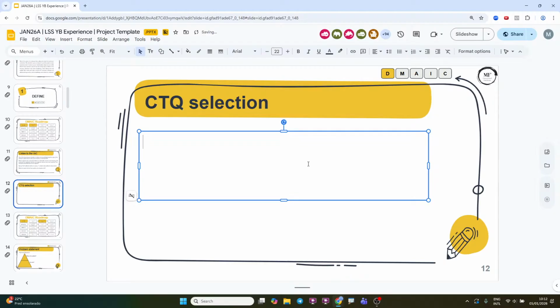It is mandatory that you translate VOC into something measurable. Capital letters: measurable.